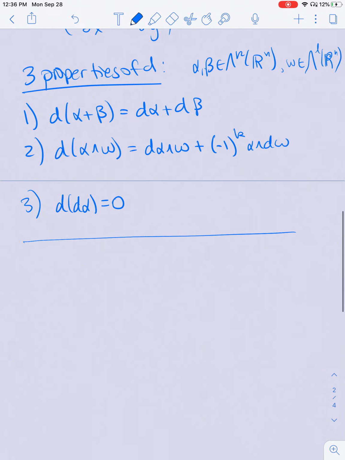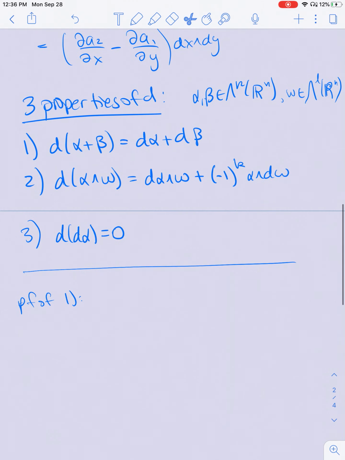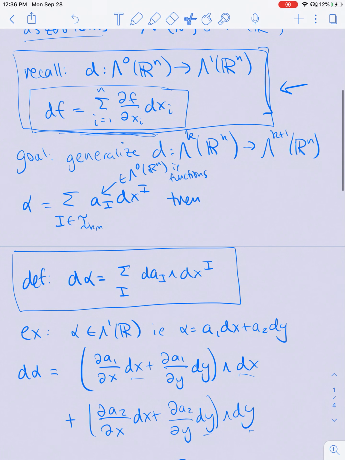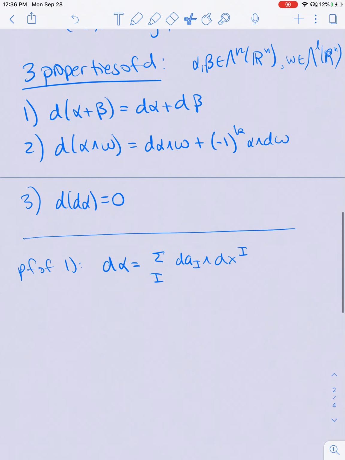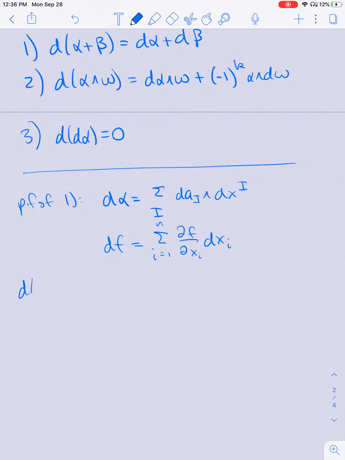So the proof of the first one, remember my definition of d alpha, and then my definition of d of a function. So basically what I'm saying is d of alpha plus beta is equal to the sum over i of d(a_i plus b_i) wedge dx_i.